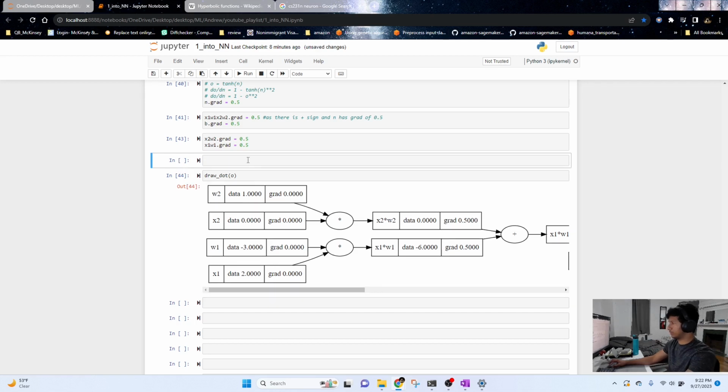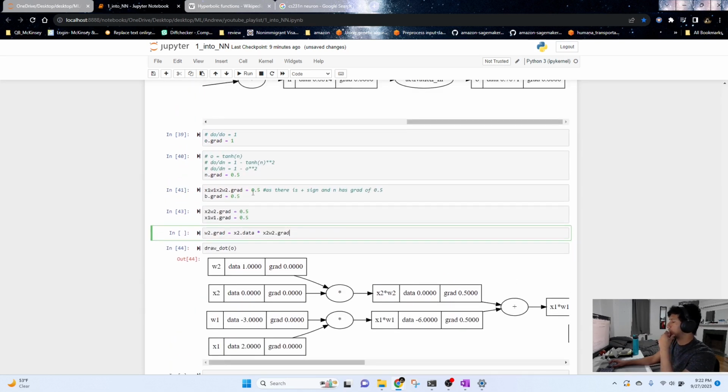So let me write it down for you. W2 dot grad is basically equal to X2 dot data, the value of X2, into X2 W2 dot gradient, which is 0.5. We can write that, or we can just leave it as it is.